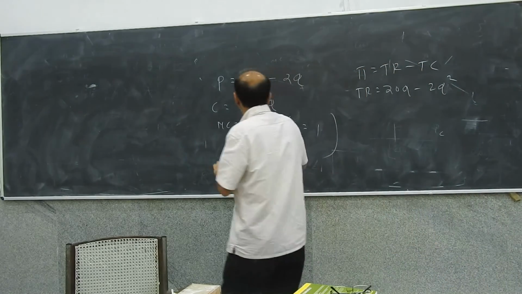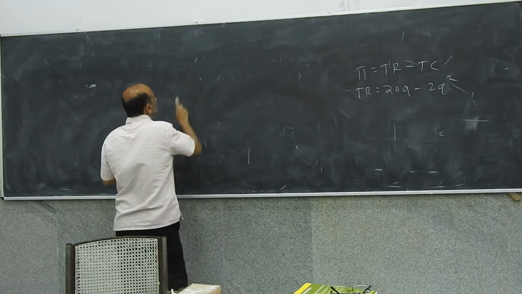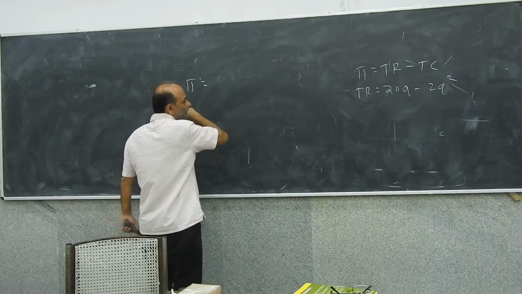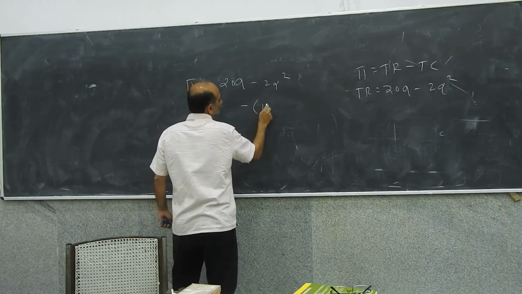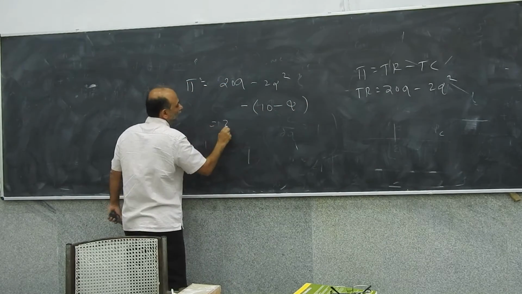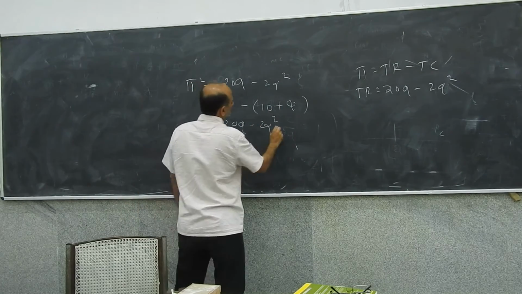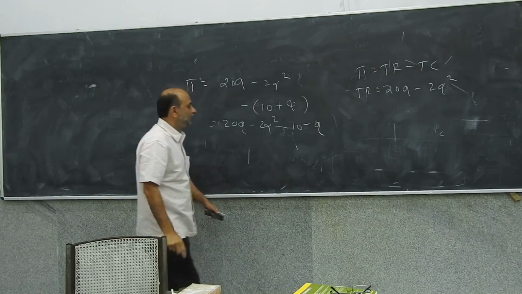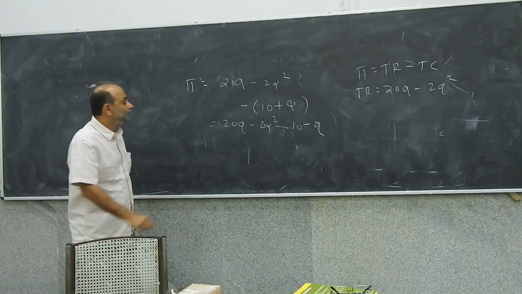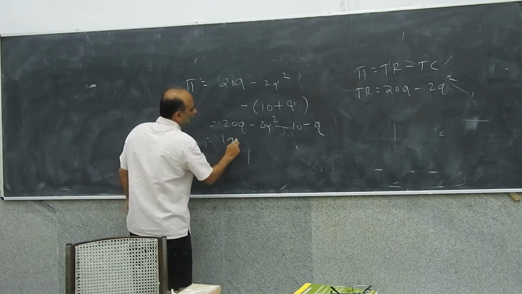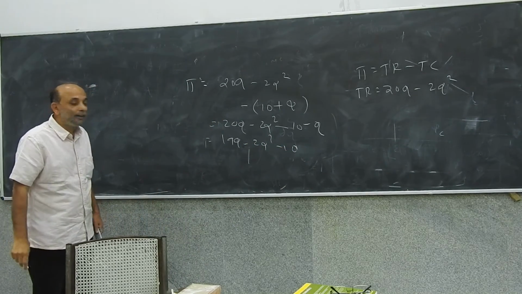Which means profit is equal to 20Q minus 2Q squared minus the cost, 10 plus Q. So I have 19Q minus 2Q squared minus 10.